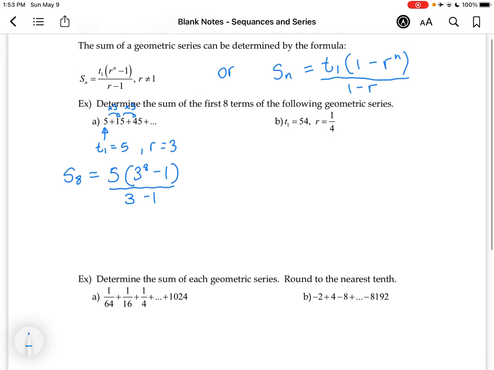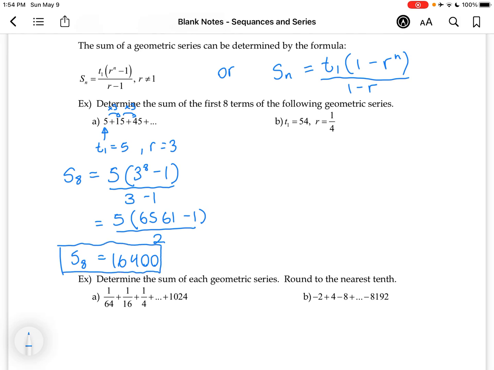Okay, and that works out to be 5 times 3 to the 8 is, let's see, 6,561 minus 1 over 3 minus 1 is 2. And when I put that into a calculator, I get 16,400. Okay, so that would be the 8th sum of that geometric series.